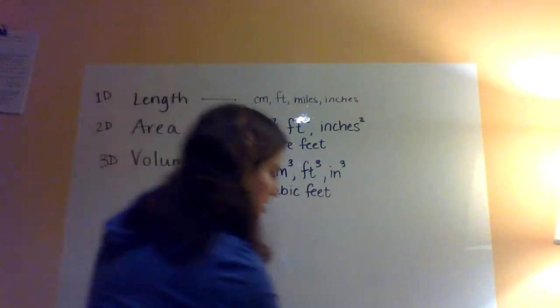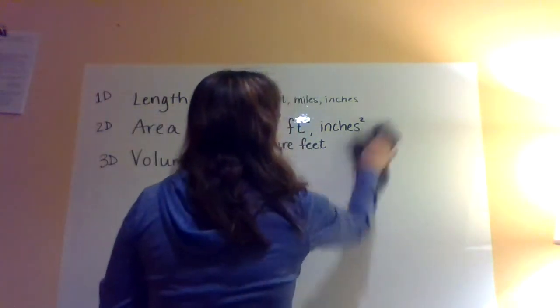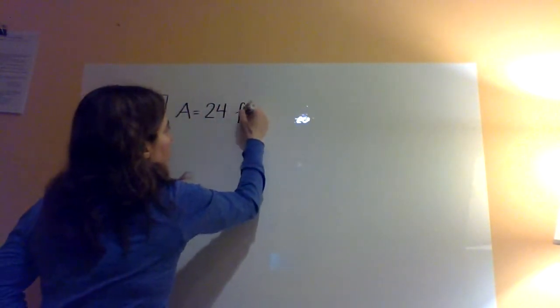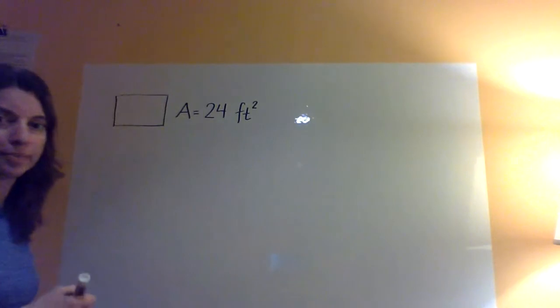And then the next thing, and this goes along with the first question on your homework for this week. So the next thing we did was to say, okay, you have a rectangular garden. You're going to make a rectangular garden, I should say. And we want the area of this garden to be 24 square feet, okay?